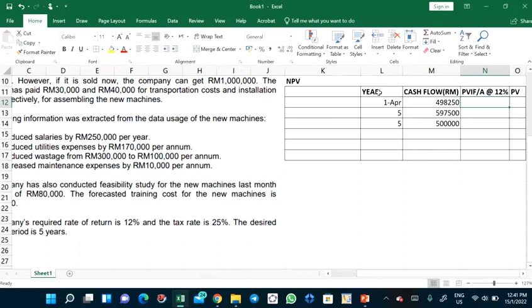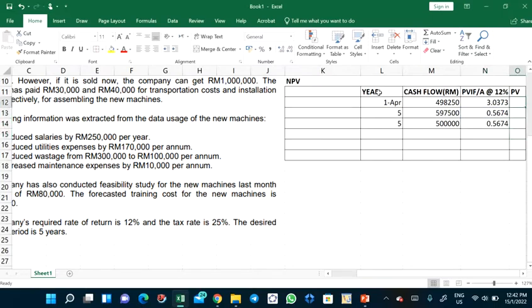So kita akan refer to PVIFA table at 12%. So kita akan dapat the value 3.0373. And then by referring to the table PVIF at 12%, so you will get the value of 0.5674. Okay, sama juga lah.